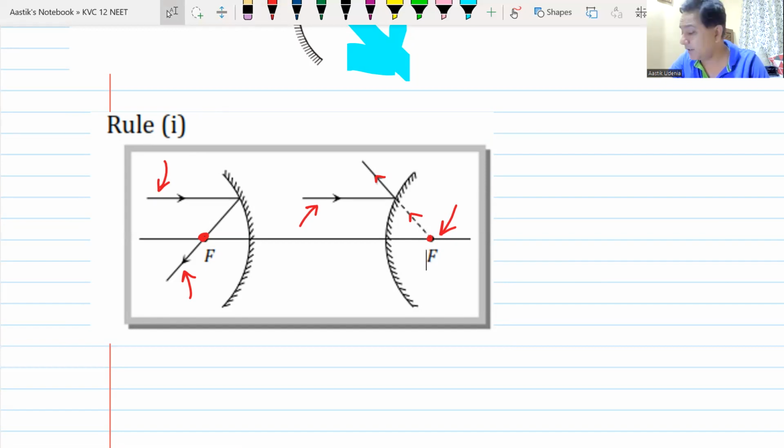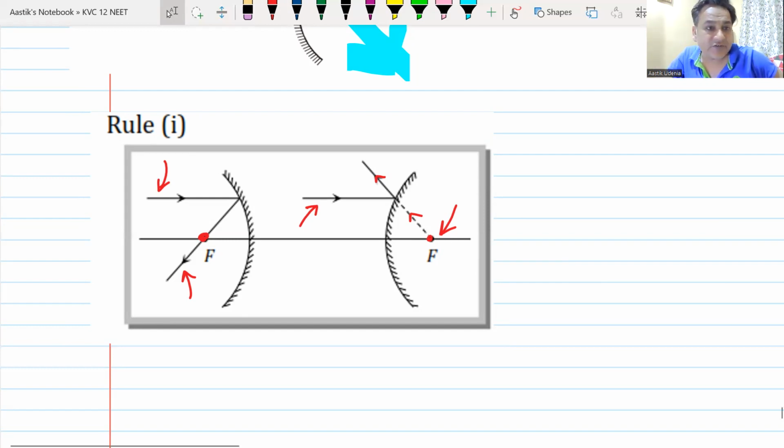Rule number 1: a ray of light which is parallel to the principal axis will pass through the focus. Now, the second point can be written. Let us move on to the second point. Everyone is done with this? We all know this, yes or no?